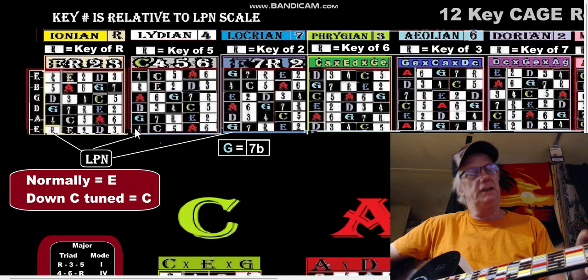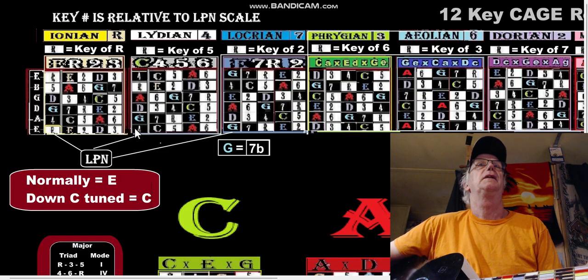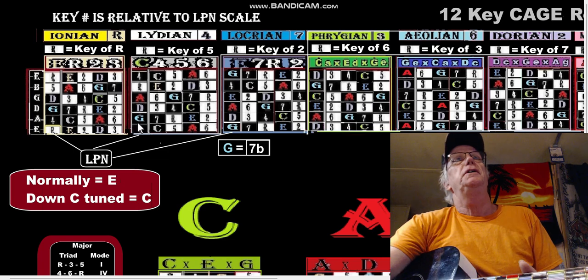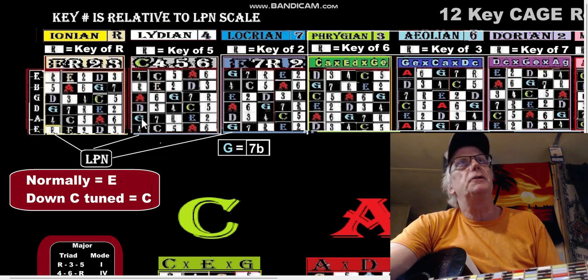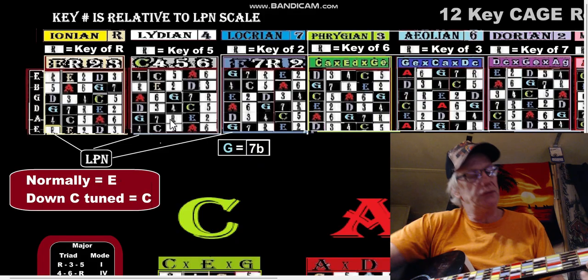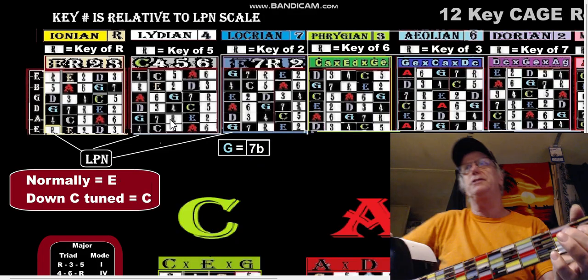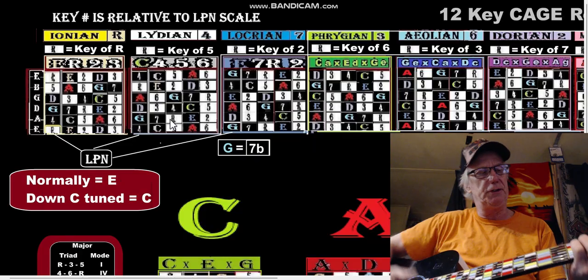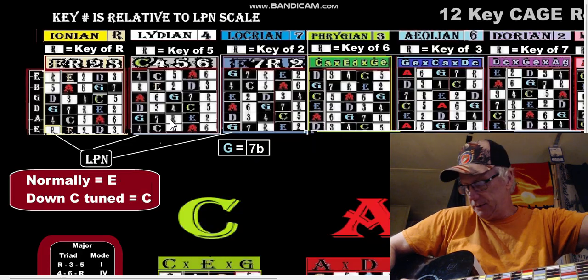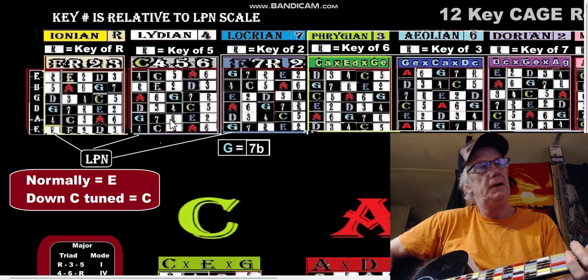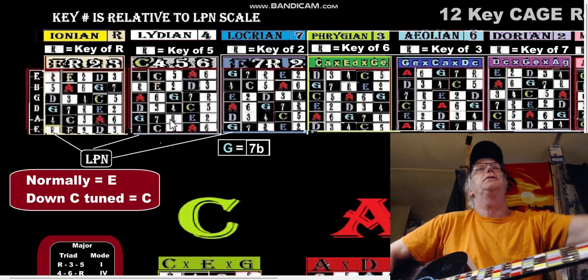And indeed, here's your A string. Starting up here on my guitar, that'd be F and then G there. Right there is the red G, because I'm down C tuned, so it's C, F, and then up a whole step to that G there. So it'd be a key G.